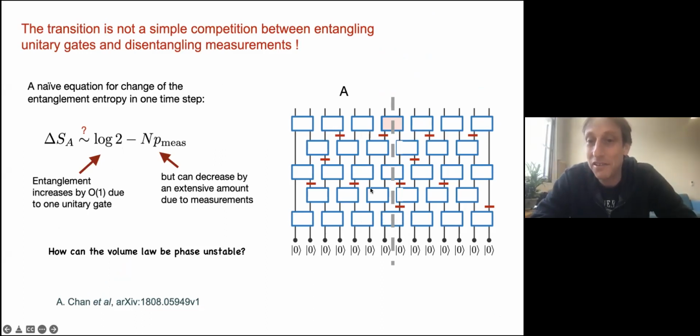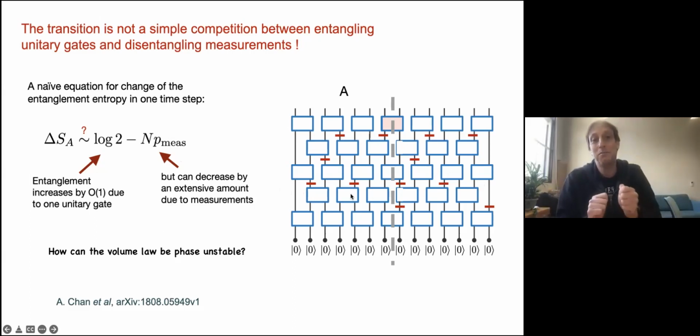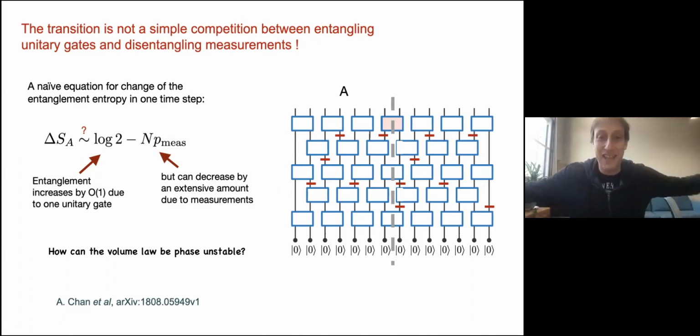On the other hand, at every time step, I measure n times p qubits, and so I disentangle order n qubits. So my entanglement should grow by order log 2 and decrease by order n, which is the entire system size.